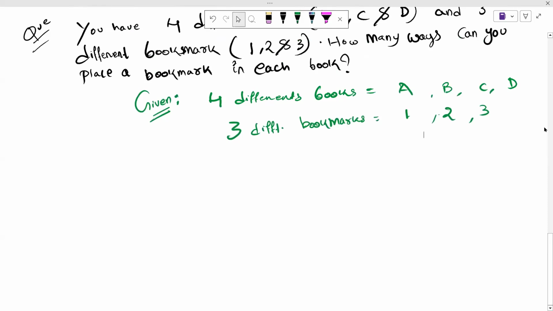Right now, here we will just do like this: 1, 2, 3. We'll go for the matrix method. In this matrix method, A, B, C, and D are there.